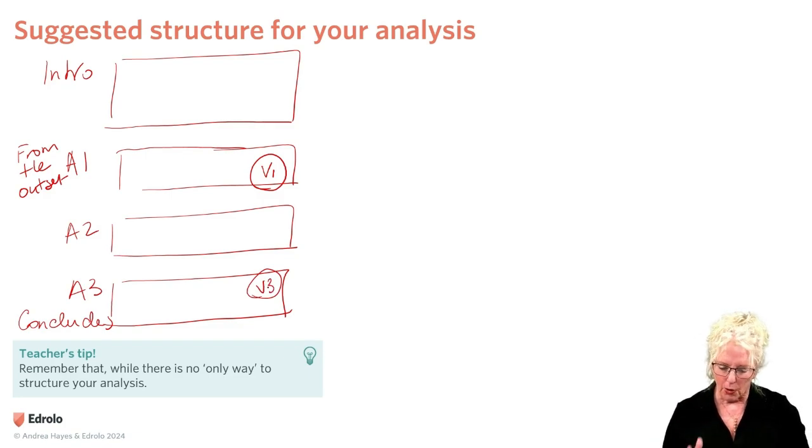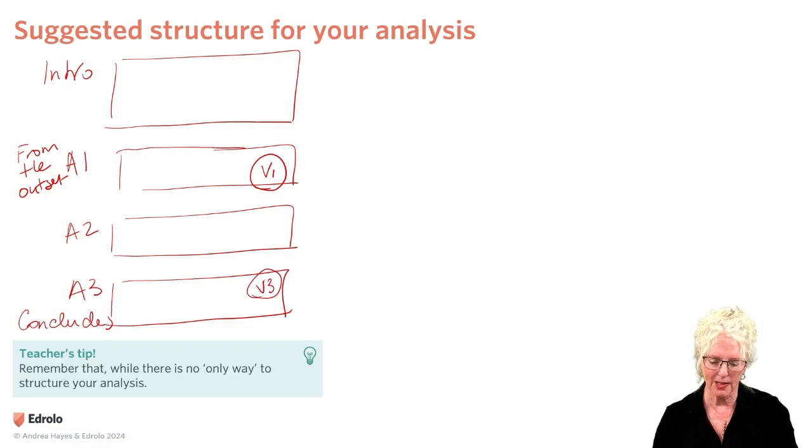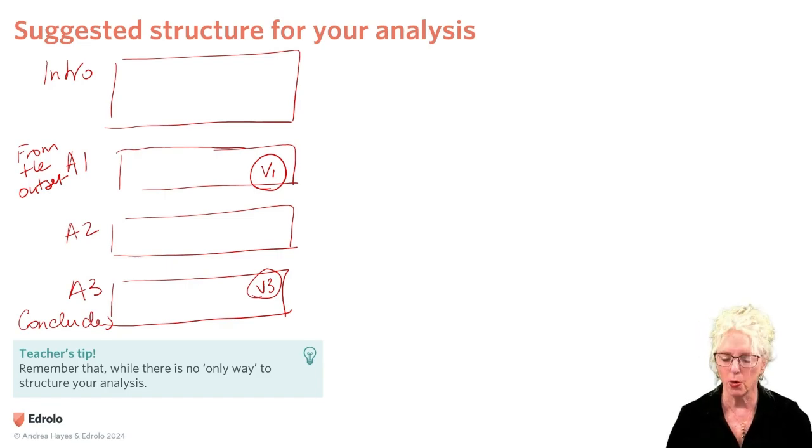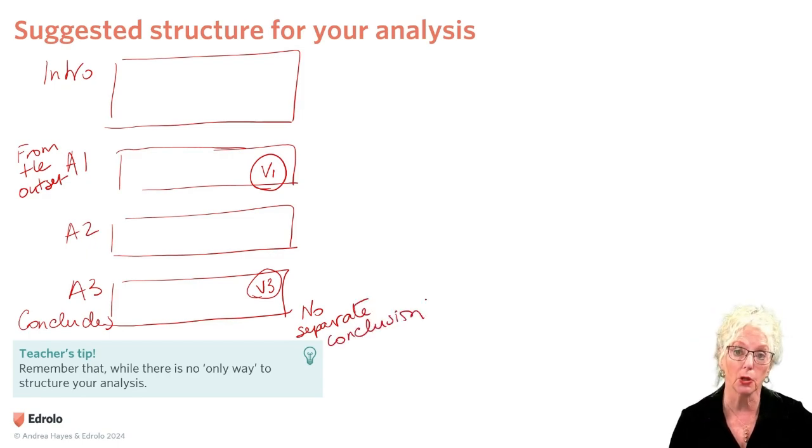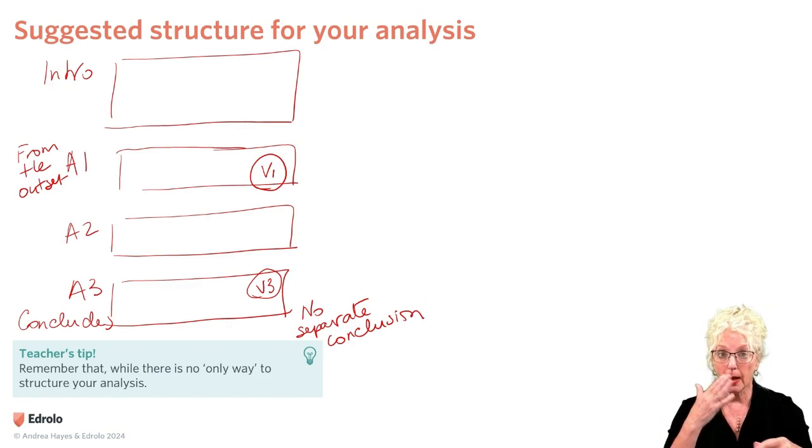Now, this particular structure has no separate conclusion, which is fine. You don't need to have a separate conclusion, particularly if it is just one main text with embedded visuals. And you can just finish with how the author concludes and audience impact.